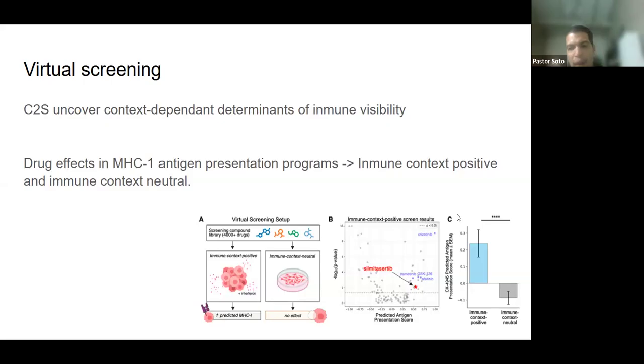So what they found is that there are some candidates, but the one that has the best results is this treatment, which is silmitacept, and they compare, as you can see here, how the immune context positive was able to elevate that protein that signals cancer, or the expression trigger for the immune system to start attacking that cell.